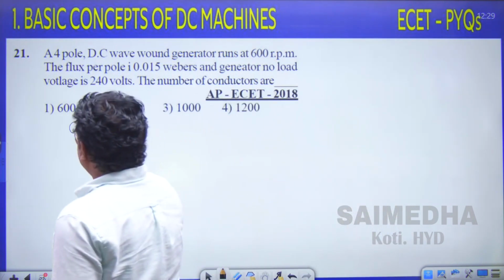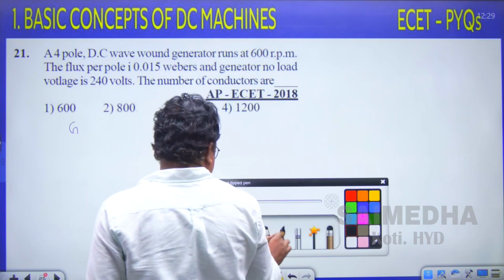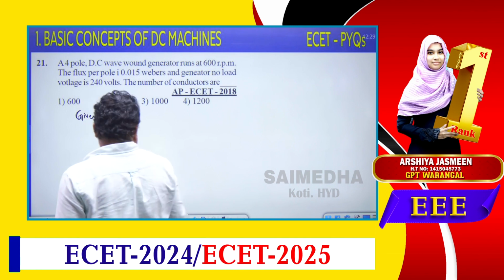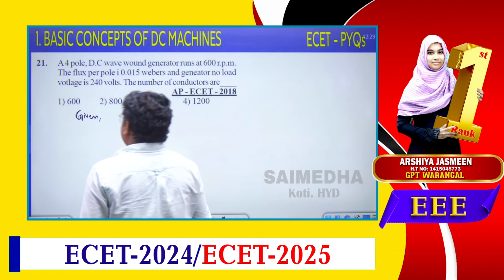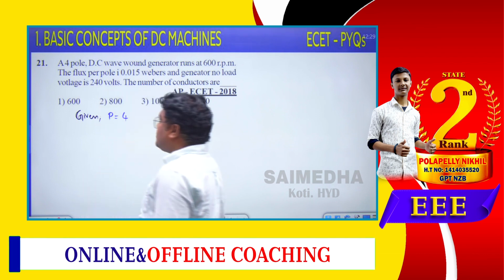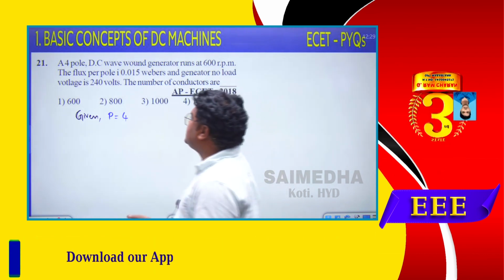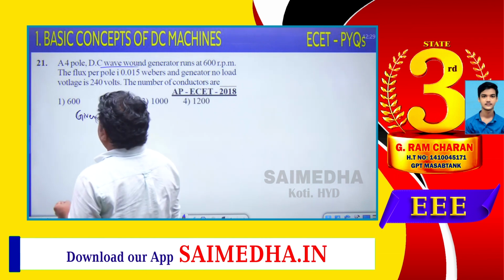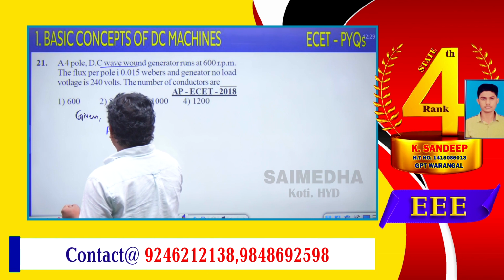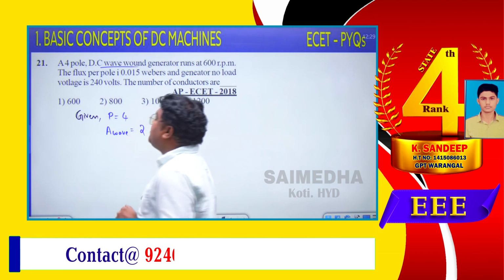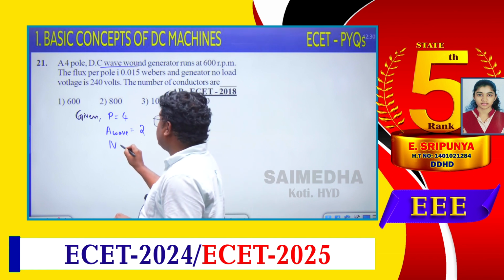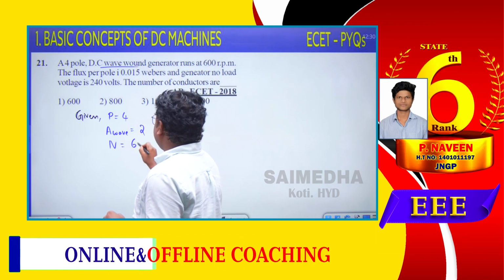So given in this question, the number of poles P is equal to 4, and it is also mentioned that the armature winding is wave connected. So the number of parallel paths in the wave winding is A equal to 2, and the speed of the generator N is equal to 600 rpm.